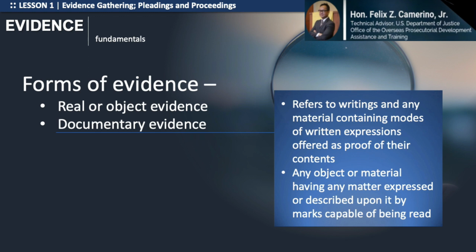Okay, so now going back to the documentary evidence. All right. So again, the contents is the object. It's not the object itself, but the content that is the object of evidence. All right. An important point of mention here.